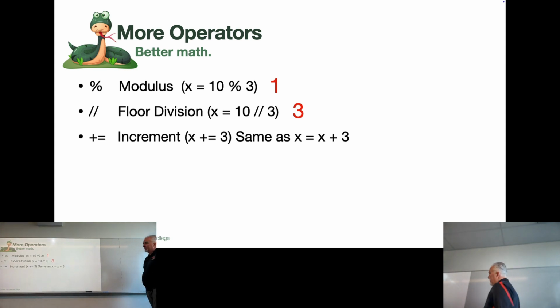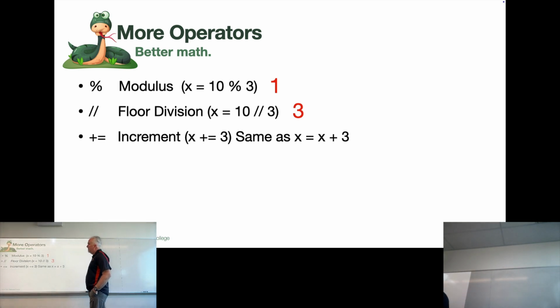The increment operator basically says, I'm going to take x, and whatever's in x, I'm going to add 3 to it. Now, if x doesn't happen to be a numerical type, like a float or an int, this is going to give me an error because I can't do math on a string.